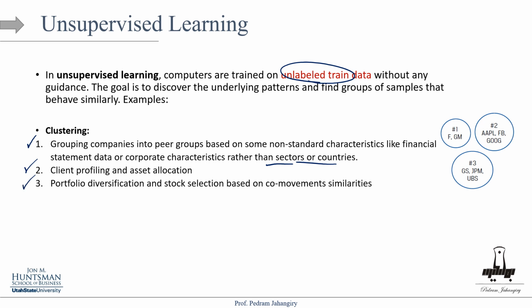And then finally, we can do portfolio diversification and stock selection based on co-movement similarities. Instead of looking at different sectors in the stock market, we want to say that, okay, maybe we want to put these companies in the same group because they have co-movements, right? We can look at the correlation in their returns, right?